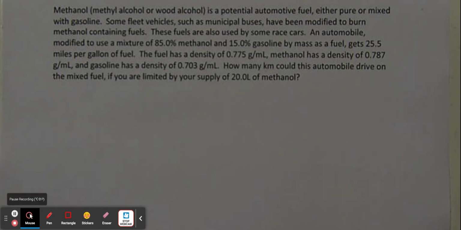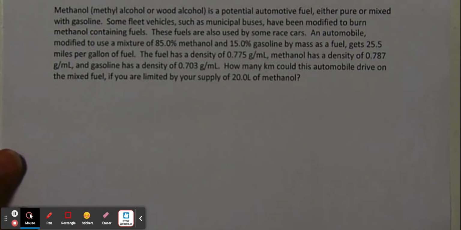So the first thing you're going to do is pull out all the information. Remember, percentages can be used as conversion factors. Densities can be used as conversion factors. So pull out all the relationships that they're giving you.